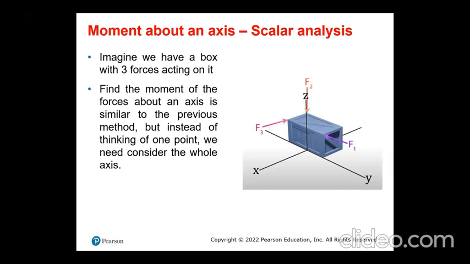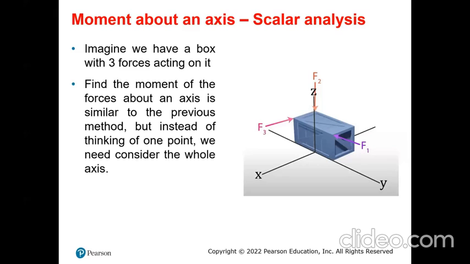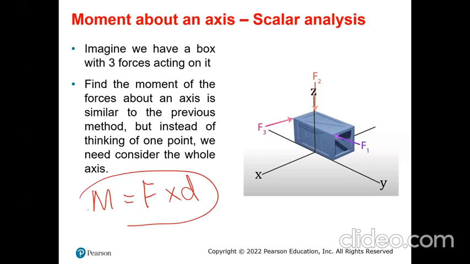That was the scalar. Or in vector form, we can say the moment is equal to our position vector crossed with the force. We will use the same thing, but we will see how to apply that to find the moment about the perpendicular axis.